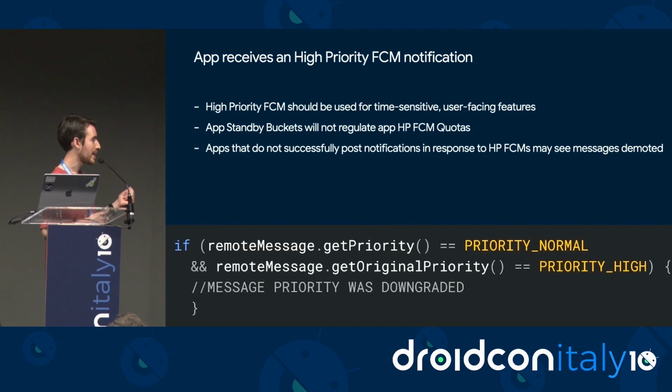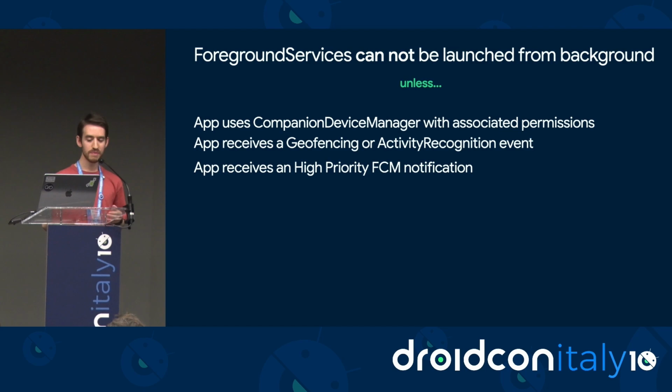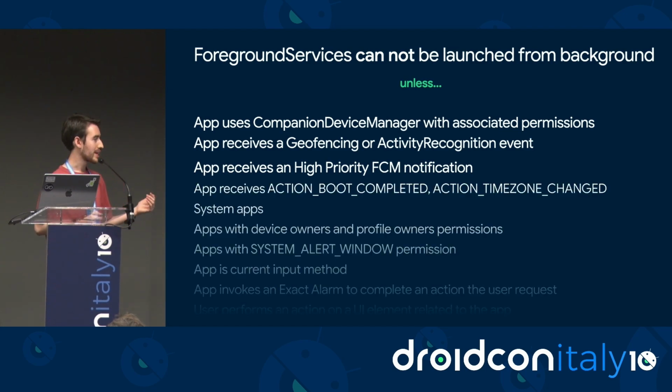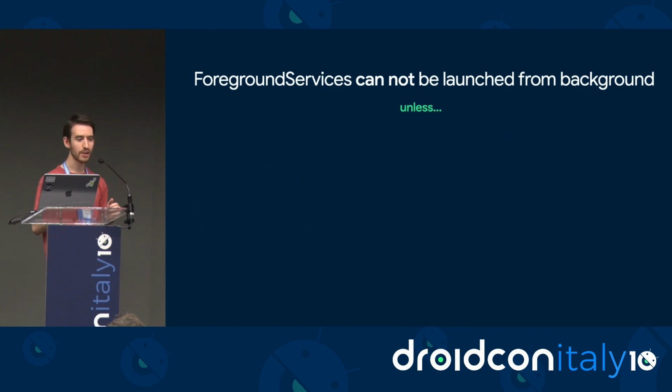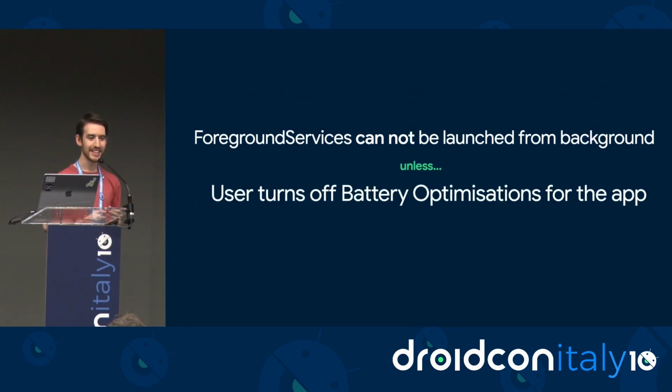And you can actually listen to that. You have the original priority, the one that your backend sent, and the priority that the notification finally had. And there are really some other exceptions that you can see in the Android documentation. But another important one is that if the user removes your app from background optimization, you can run anything.